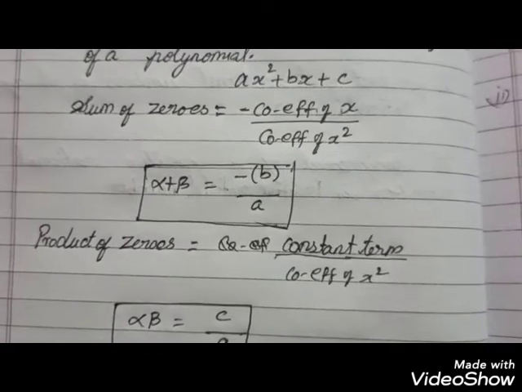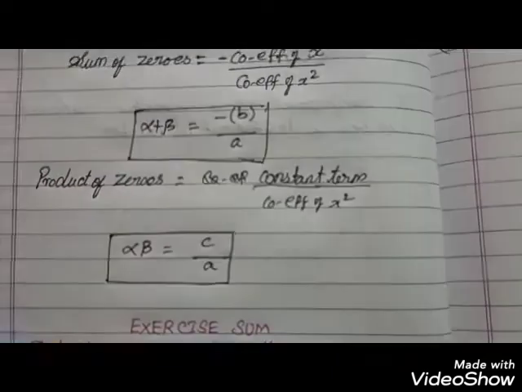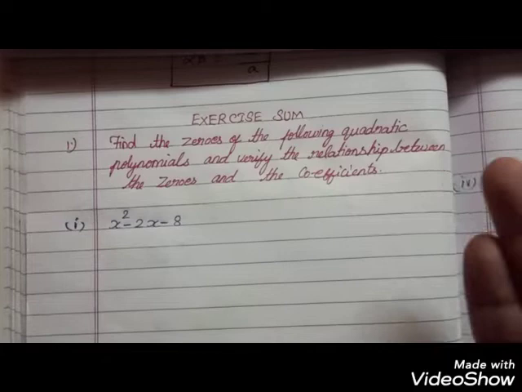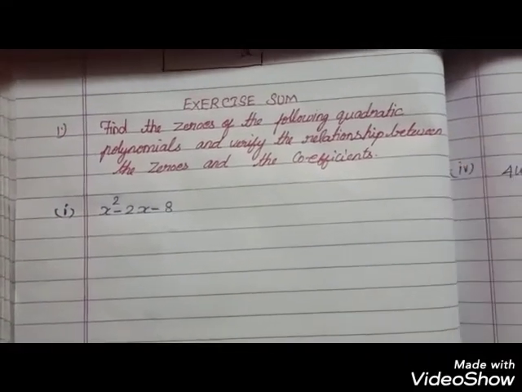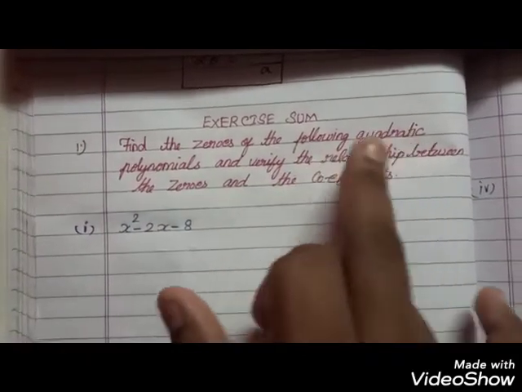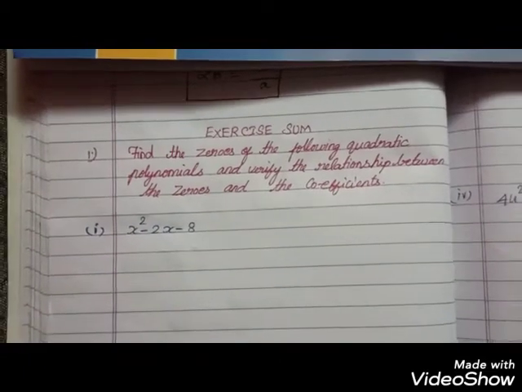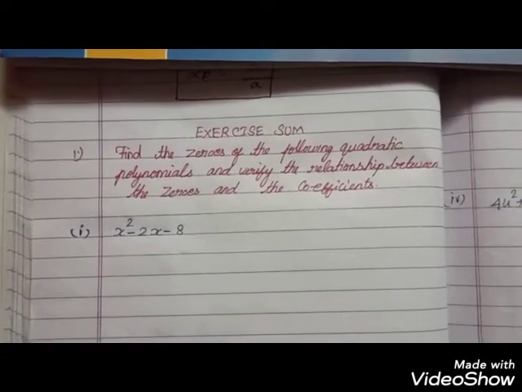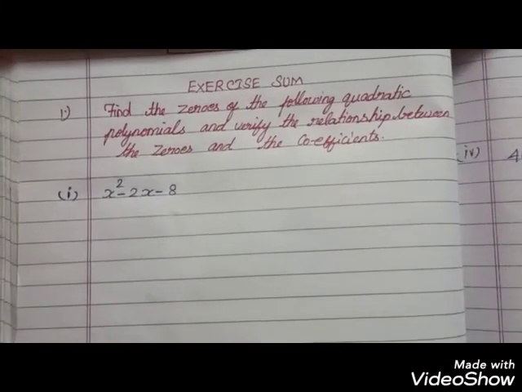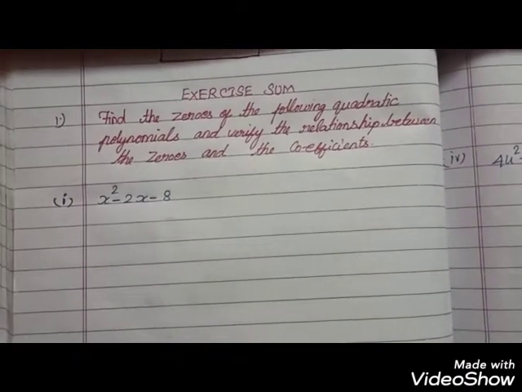Now we move on to the exercise sum, the first Roman. This is the chapter, polynomials. The second exercise is this: find the zeros of the following quadratic polynomial and verify the relationship between the zeros and the coefficients. Last time I told you the sum of zeros and product of zeros is the relationship between zeros and coefficients.